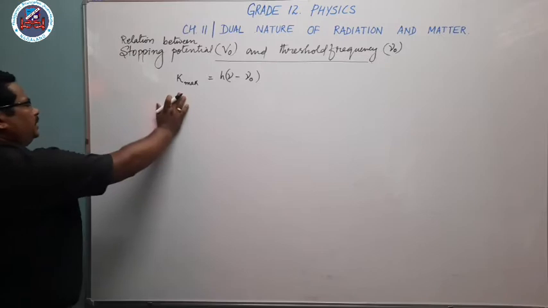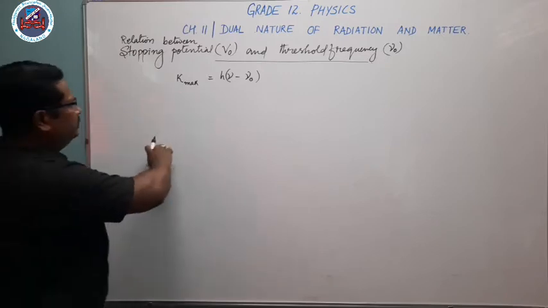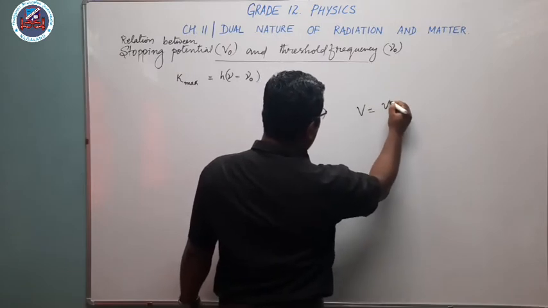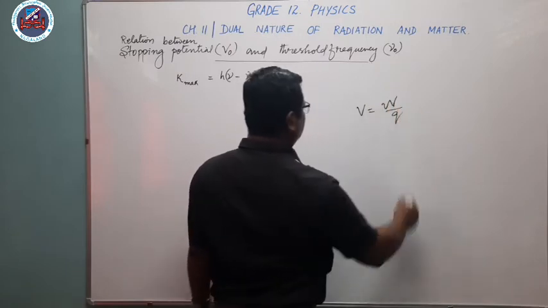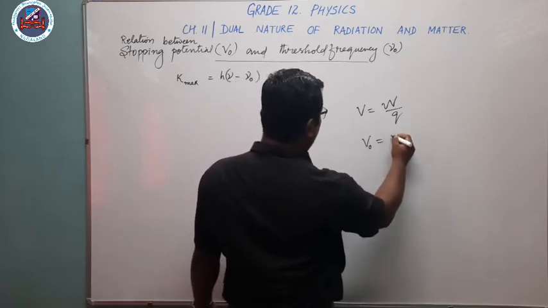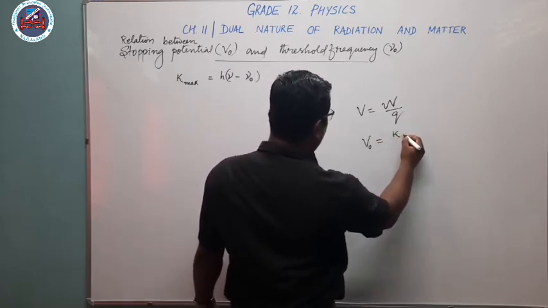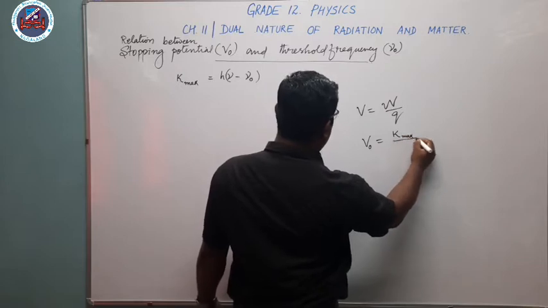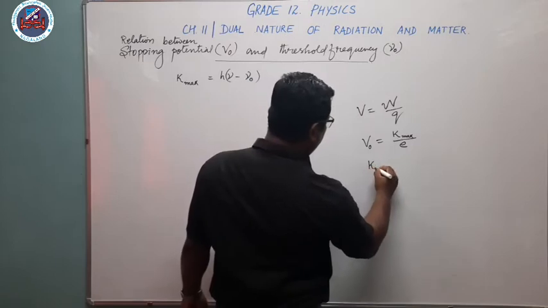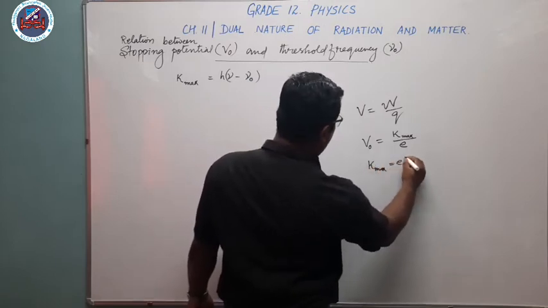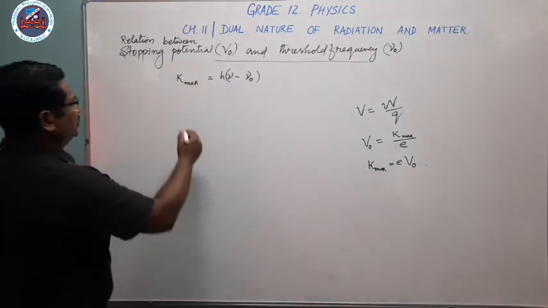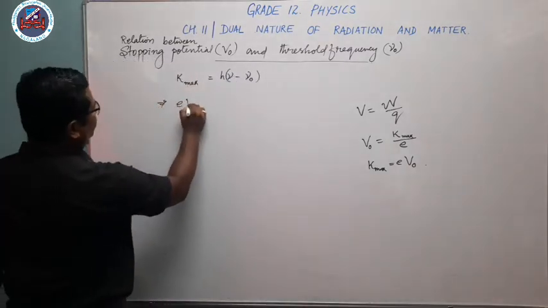This maximum kinetic energy, if you don't want to write half m v square, you can even write like this. Potential is equal to work done per unit charge transferred. If you are talking in terms of stopping potential, the work done in terms of energy, kinetic energy maxima, divided by the charge of the electron. So in place of maximum kinetic energy we can write e V naught.